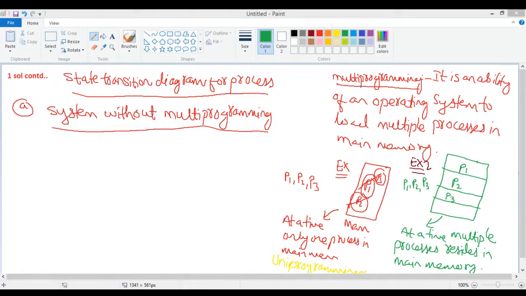Please give me the answer. I have posted one question: yes or no? Multiprogramming is the ability to load one process in main memory. Yes or no? Please give me the answer. Very good, Ahmad Tami.